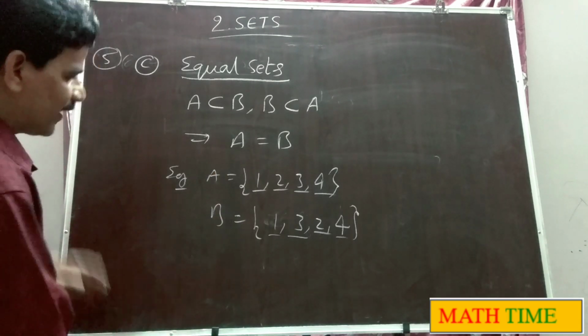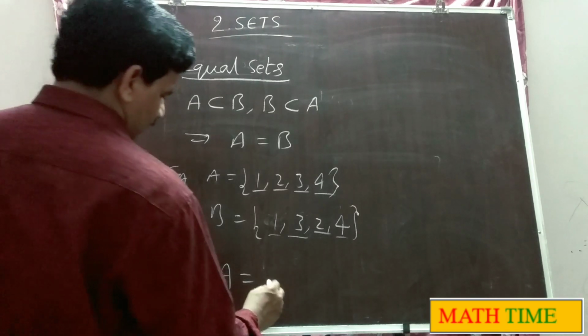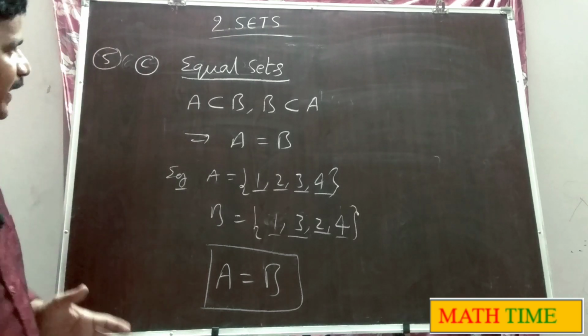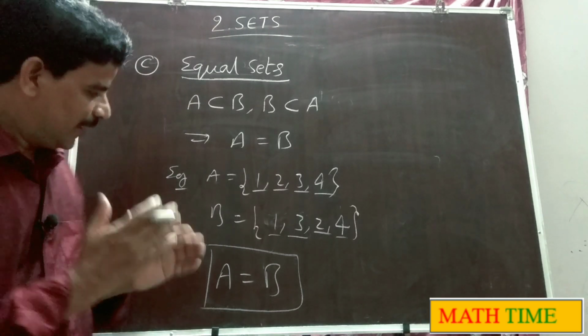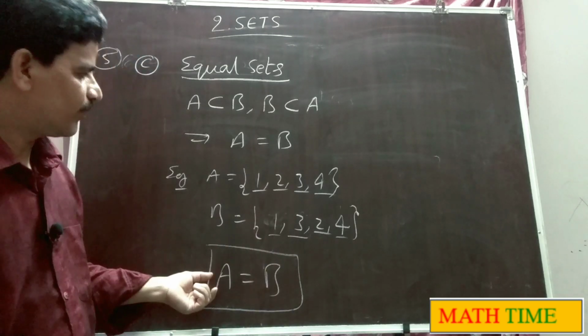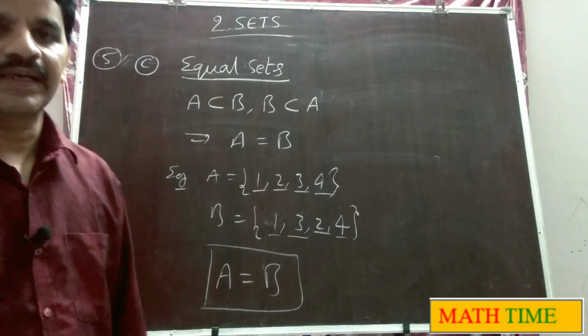They are the same and equal. Therefore we call the two sets equal. So equal sets means every element of A is an element of B and every element of B is an element of A.